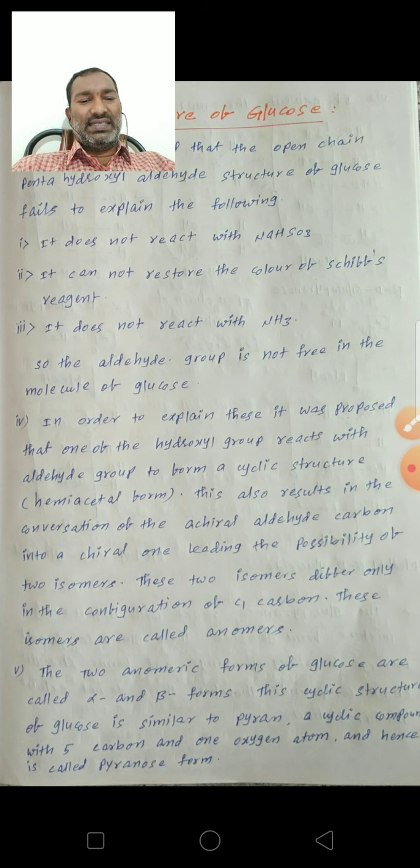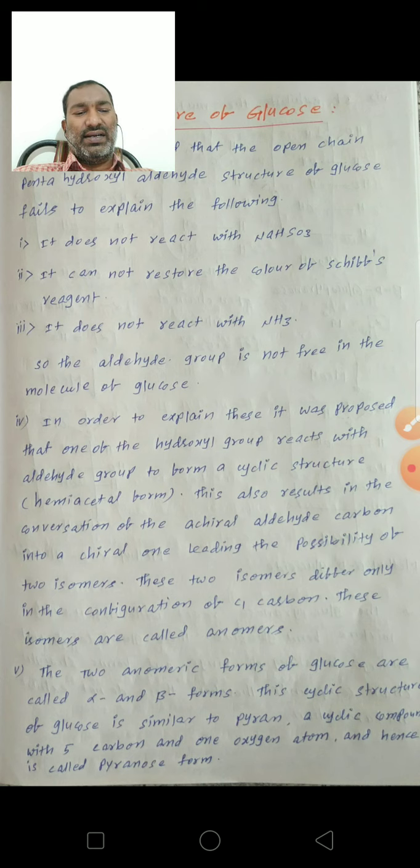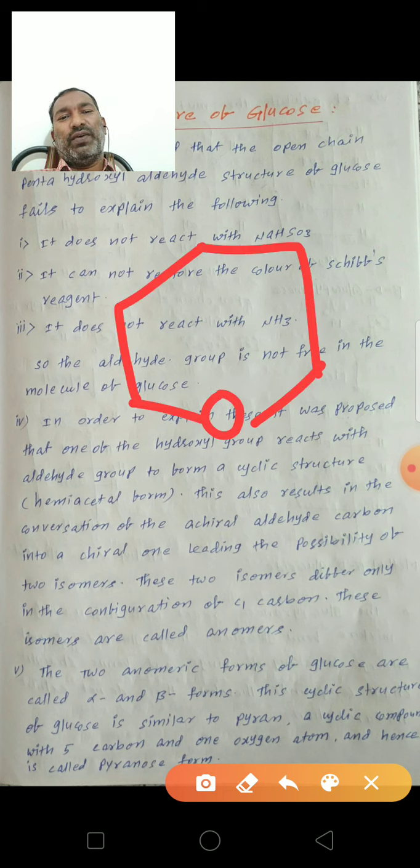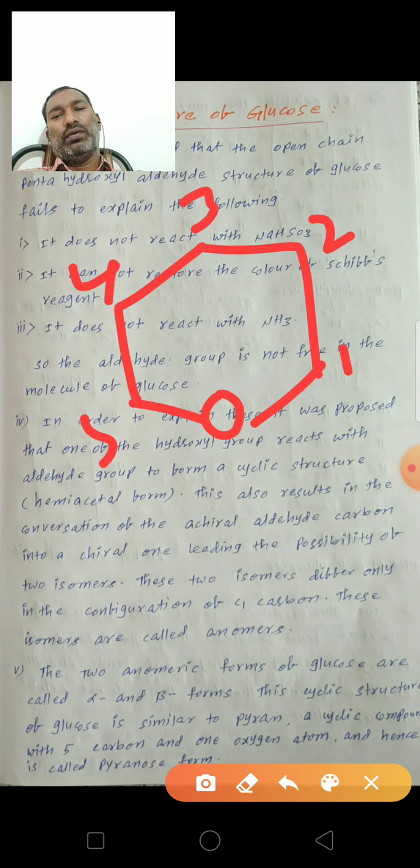This cyclic structure of glucose is similar to pyran, a cyclic compound with 5 carbons and one oxygen atom, and hence is called the pyranose form. The pyran structure is like here: carbon 1, 2, 3, 4, 5 carbon atoms are there and one oxygen in the cyclic structure.